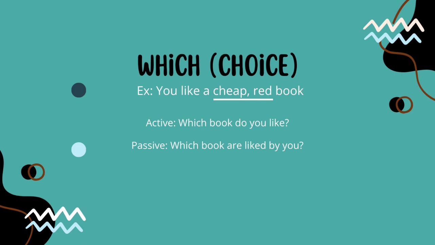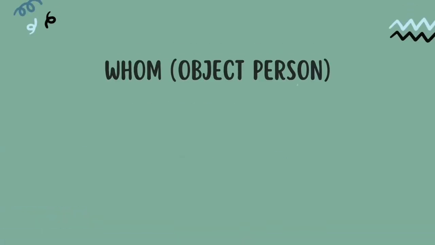So we change the sentence into an active question: Which book do you like? So we can answer the question: you like a cheap red book. Then we change the active question into passive voice: Which book is liked by you?